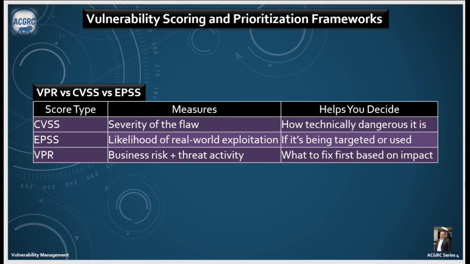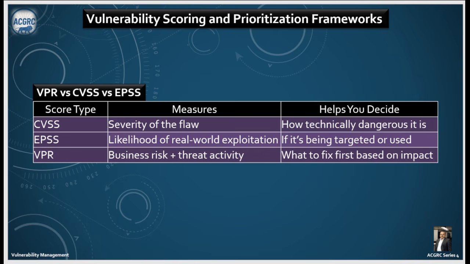Now, throwing in one more attribute, the VPR. Now, what's VPR? VPR is vulnerability priority rating. It combines CVSS, exploit activity, malware exposure, and asset context.